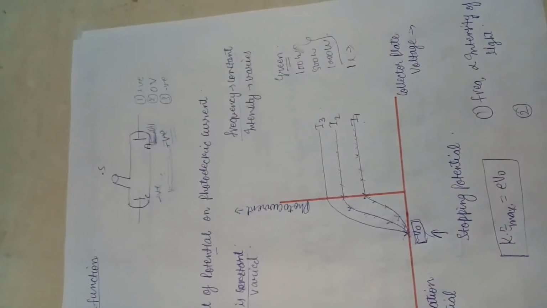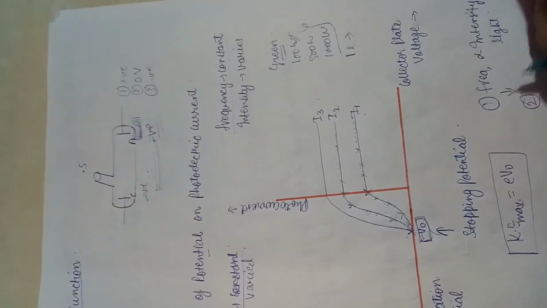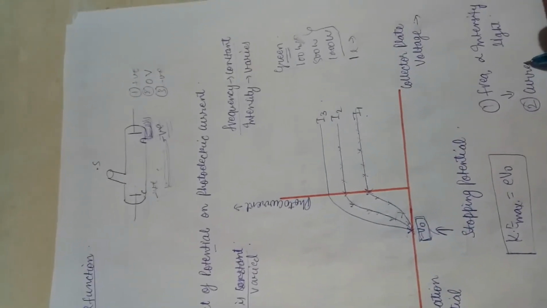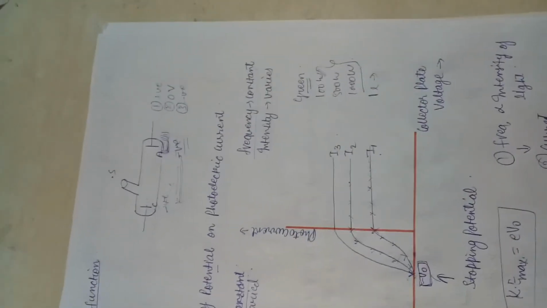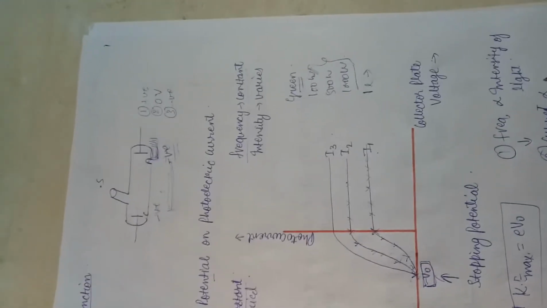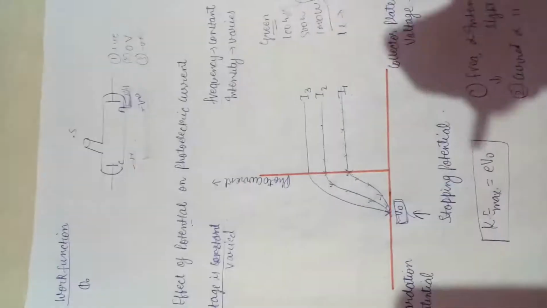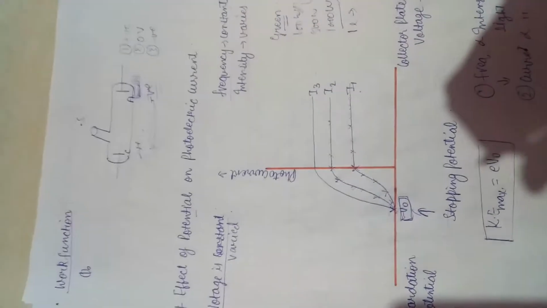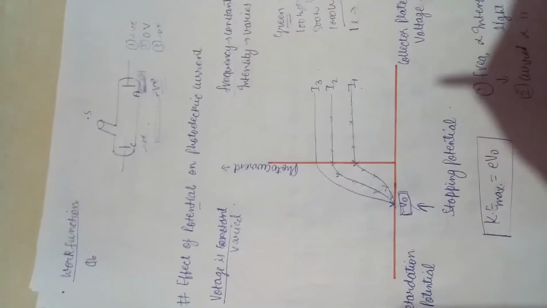The second point, extracted from here, is that the photocurrent is also directly proportional to intensity of light. And from this graph we also got to know about the stopping potential. What does that mean? There is some minimum amount of energy that is a must for allowing the emission of photoelectrons to take place.